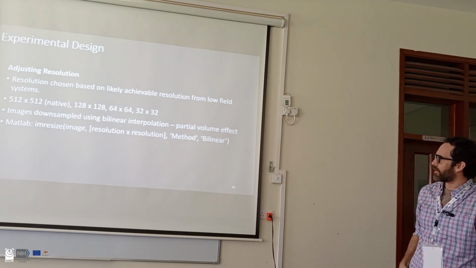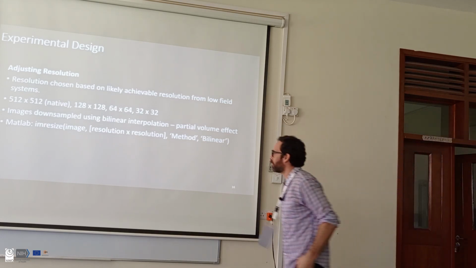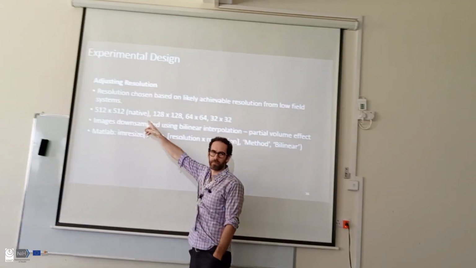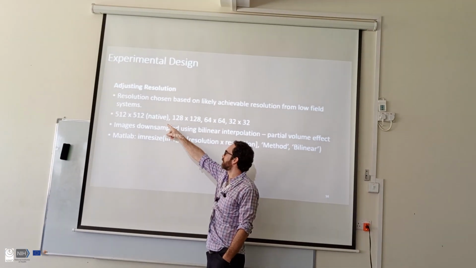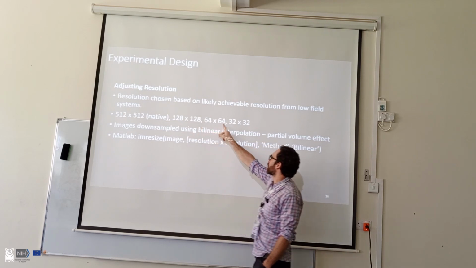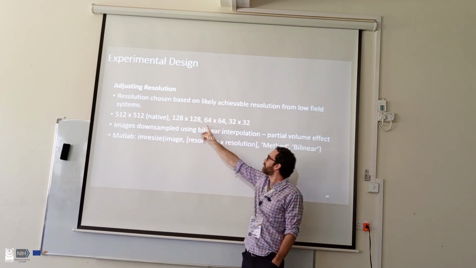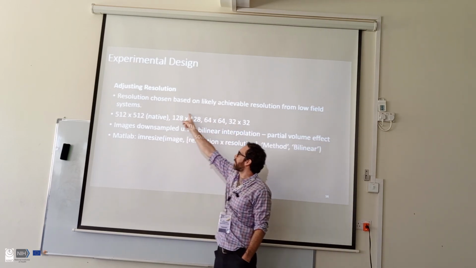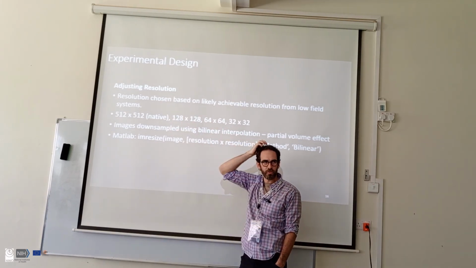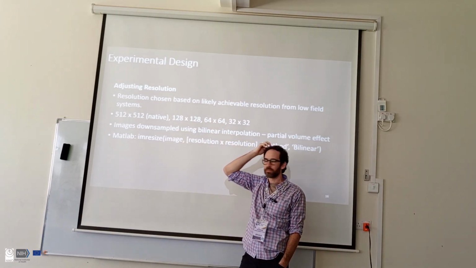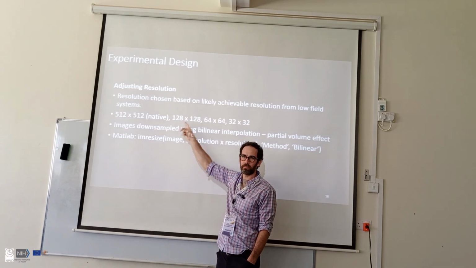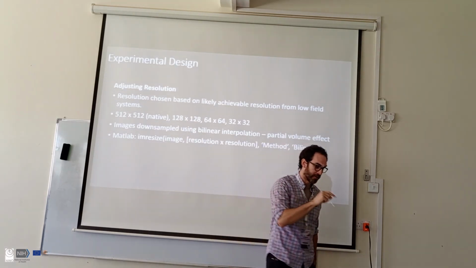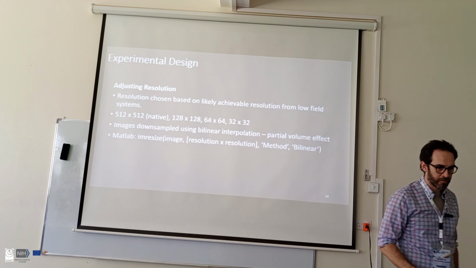And I used MATLAB to do all this. I went from 512, which was the native, about a 24 centimeter field of view, to 128, 64, and 32. I chose these because I thought these were likely good resolutions for low field MRI. I think 128 is probably what we do right now on the system that we're building downstairs.